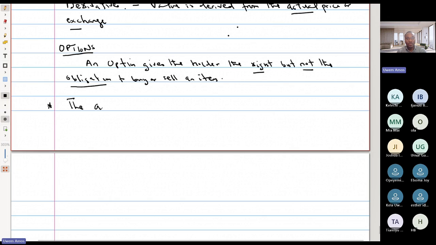The acquisition of an option requires that an upfront premium is paid.